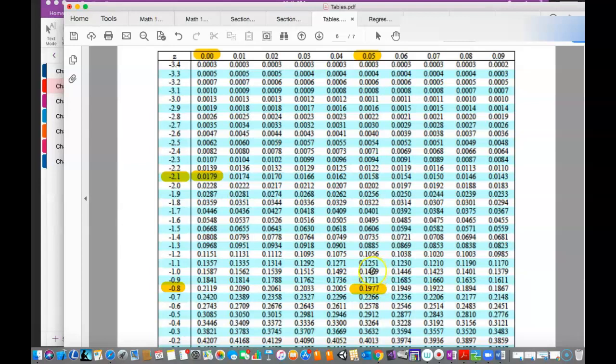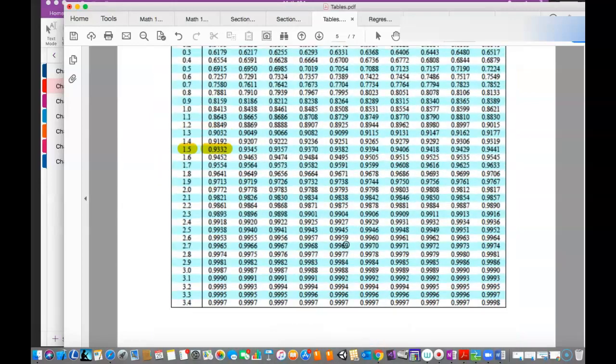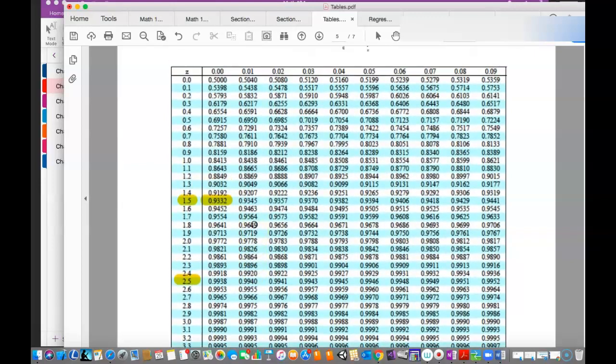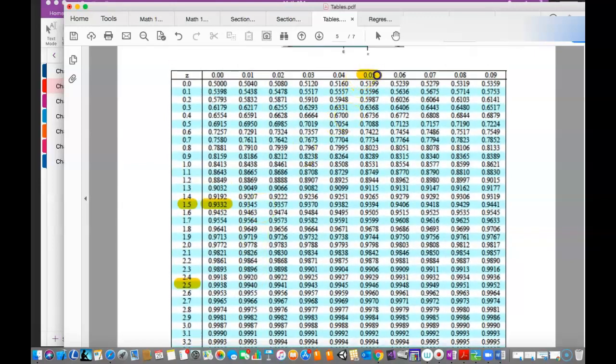And the other one, for when z is equal to 2.55, that is positive. So 2.50, plus that part, we have 2.55. And the area is 0.9946.